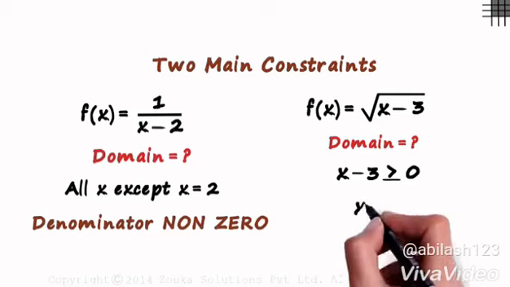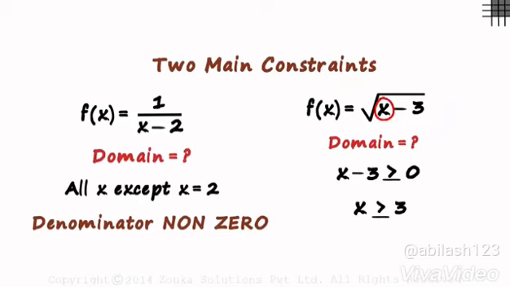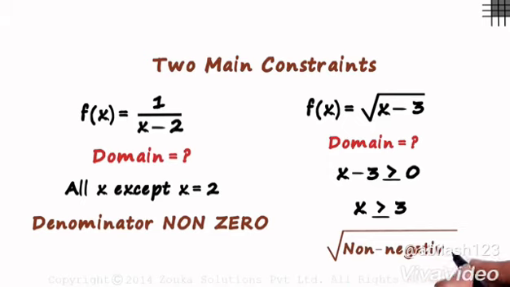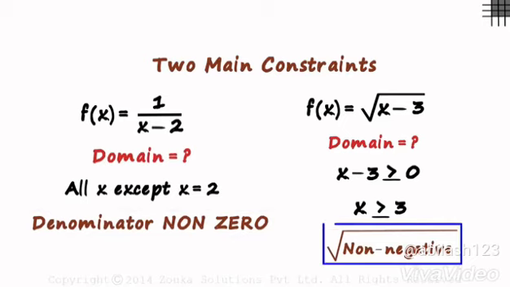This means x has to be greater than or equal to 3. x can take any value which is greater than or equal to 3. That brings us to the second constraint. Even roots can have only non-negative numbers under them. Remember this well. The denominator has to be non-zero, and even roots cannot have a negative number under them.